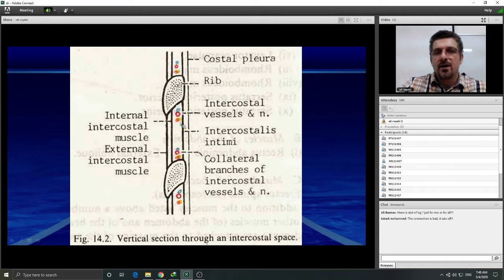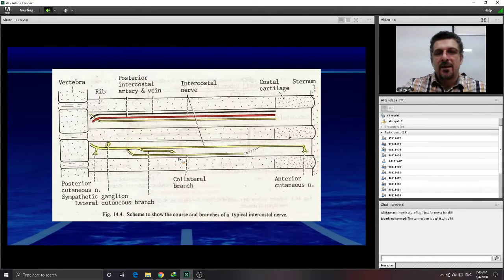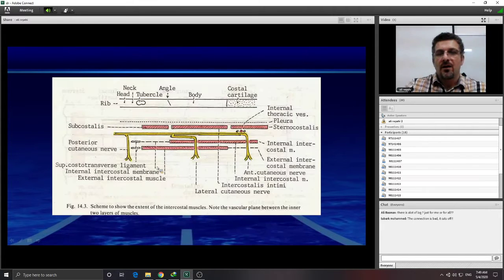This is the main neurovascular bundle in the intercostal space, but close to the superior border of the next rib, you've got the collateral branches: artery, vein, and nerve. This is the collateral branch of the intercostal nerve. Along with this branch, you've got a collateral branch of the intercostal vessel. And the next picture I show you.